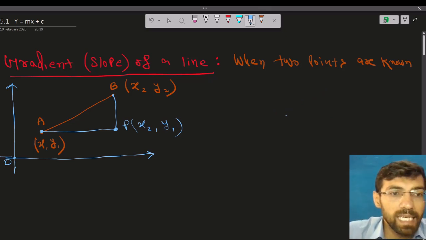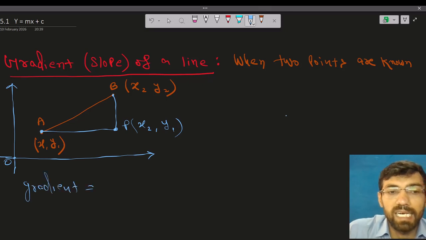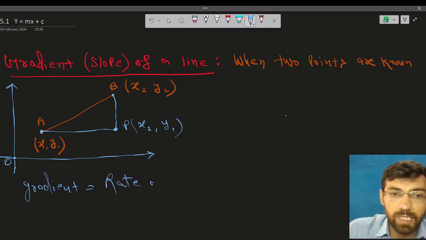So here, let us say AB is a line segment, by the way. The coordinate of point A is (x1, y1), and the coordinate of point B is (x2, y2). So we have to calculate the gradient. It is the rate of change of y.